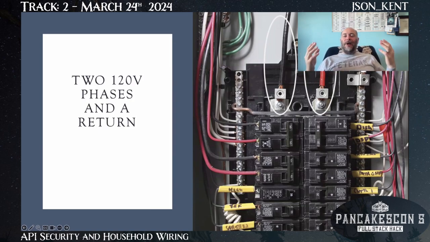In this particular breaker box, I've got 220 volt lines coming in, but they're out of phase. So if you measure peak to peak, we're going to get 240 volts, right? Each one of these breakers is plugged into a bus bar that is setting this up.